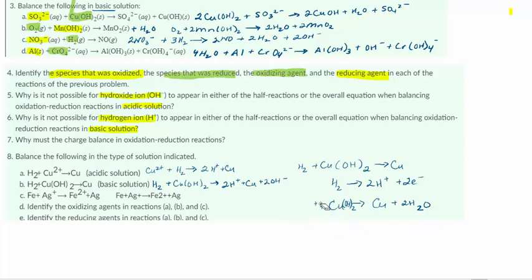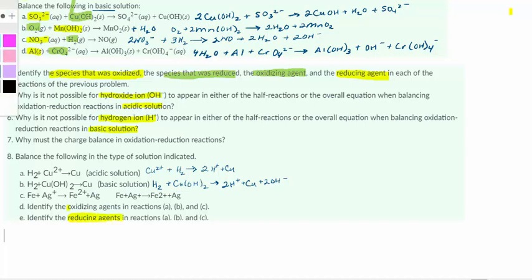Now I'm asked to identify the oxidizing agents and the reducing agents. So the oxidizing agent is the thing being reduced, and the reducing agent is the thing being oxidized. So let's go with the oxidizing agents first. Again, the things being reduced.